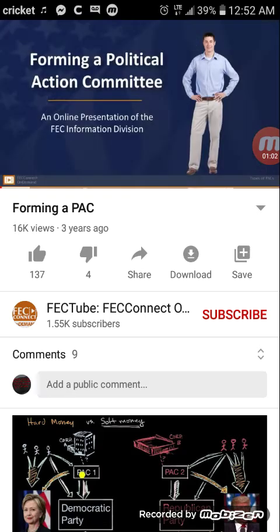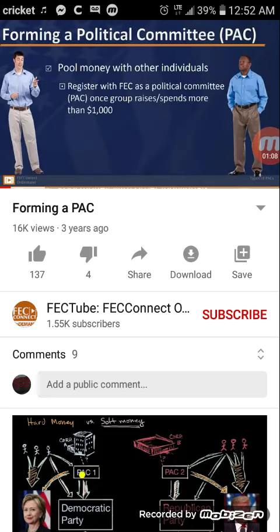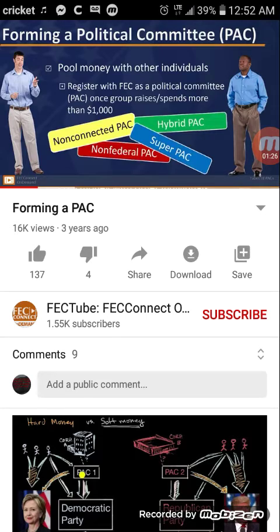Forming a Political Action Committee, an online presentation of the FEC Information Division. If you plan to pool resources with others, you may need to register your group with the FEC as a political committee or PAC. Generally, a group that raises or spends more than $1,000 to influence federal elections needs to register with the FEC as a PAC. As you'll see, there are several different types of PACs.